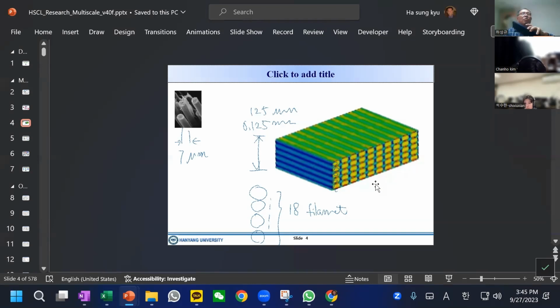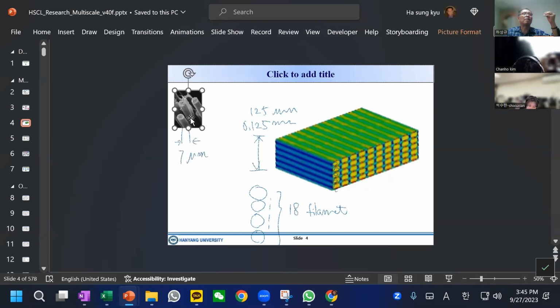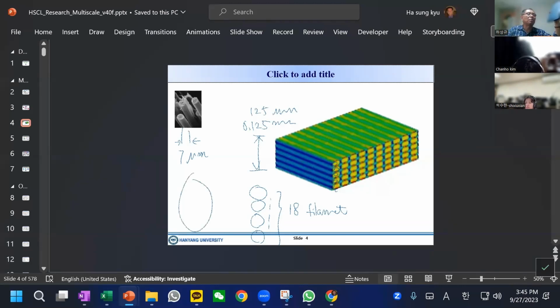So when you have a prepreg, you can visualize we have about 18 filaments of this, and imagine that we have one toe, let's say 24,000, 24K, like that, and this is going to be spread, and vertically we will have 18 filaments to make up 0.125 millimeter.